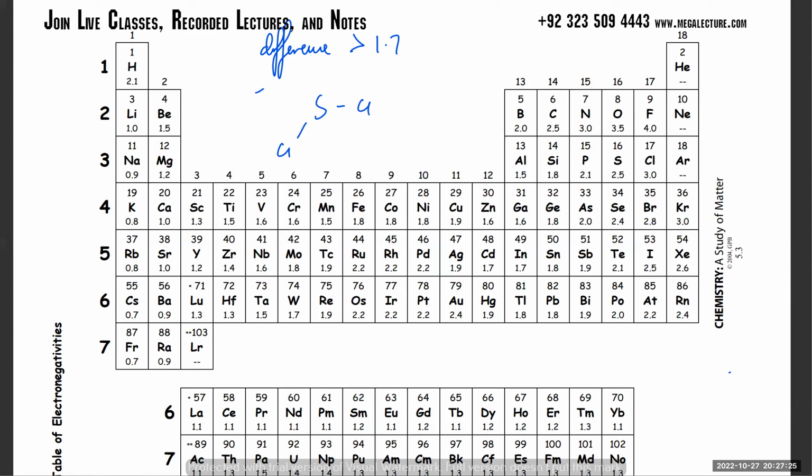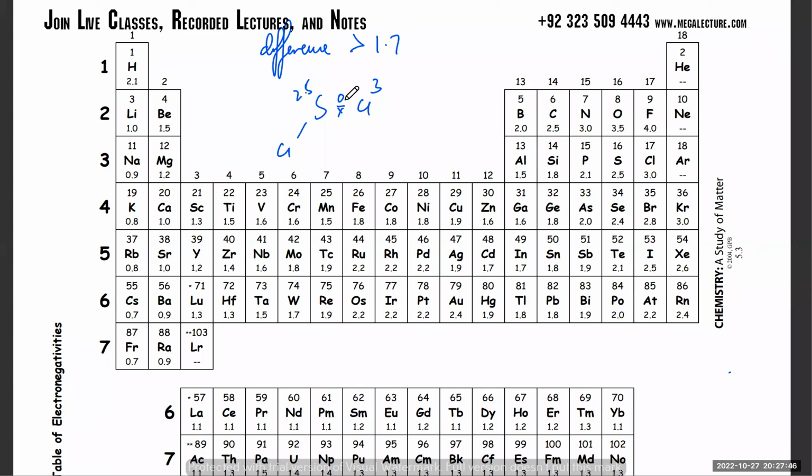Sulfur is 2.5 and chlorine is 3. What will happen is that the electrons are going to be shared, because although chlorine has a stronger attraction for electrons, it will not be able to gain those electrons because the difference is not large enough, right? Is that clear?